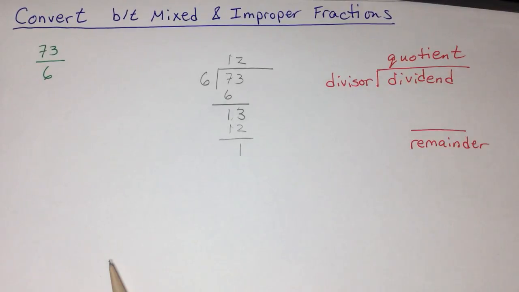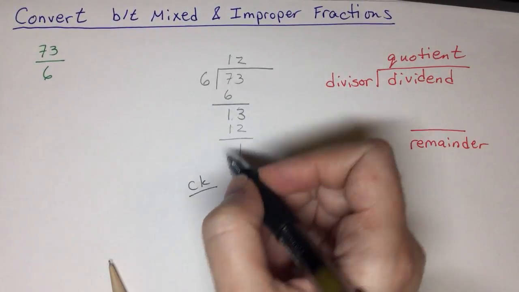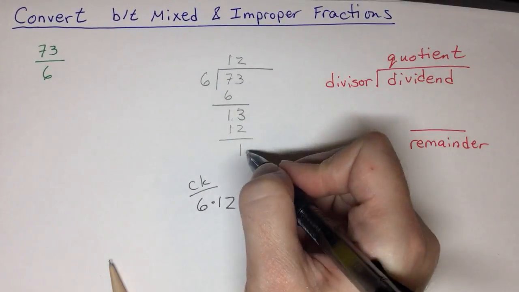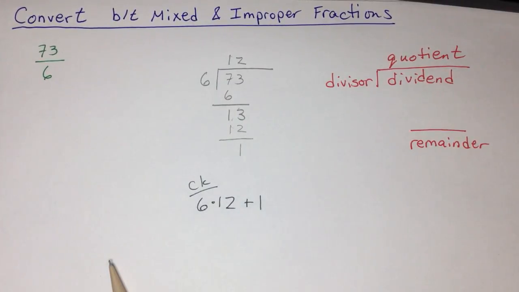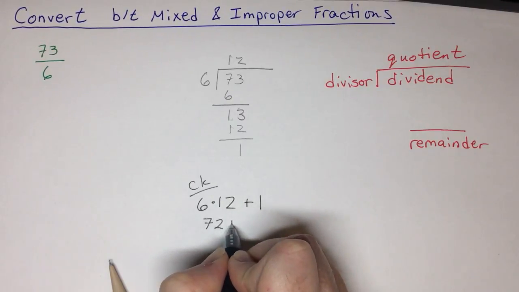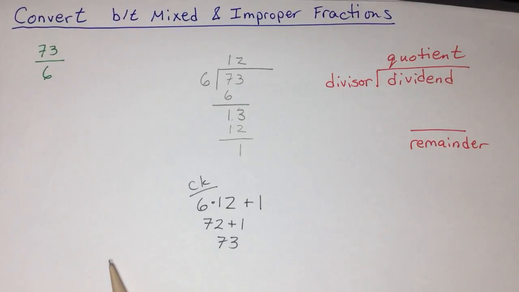The way we can check the work is we multiply 6 times 12 and add in the remainder, 1. 6 times 12 is 72, plus 1 is 73.